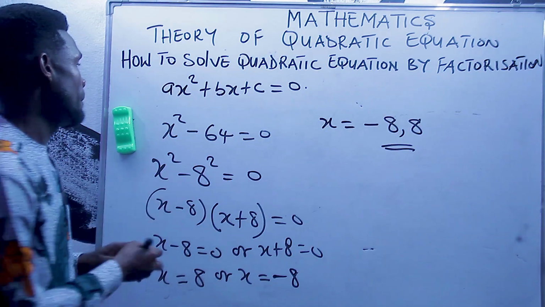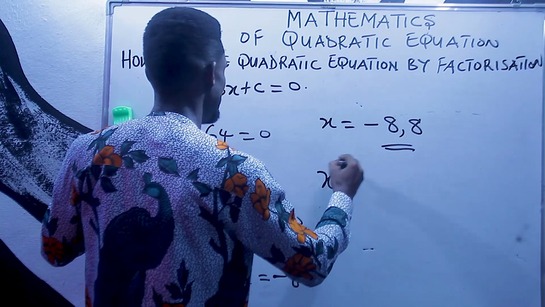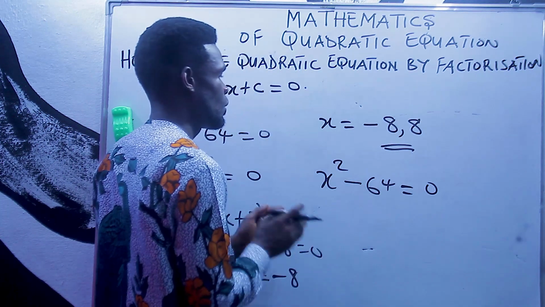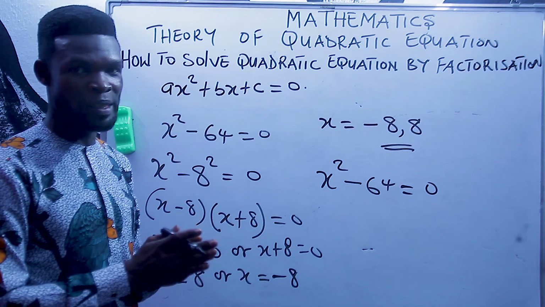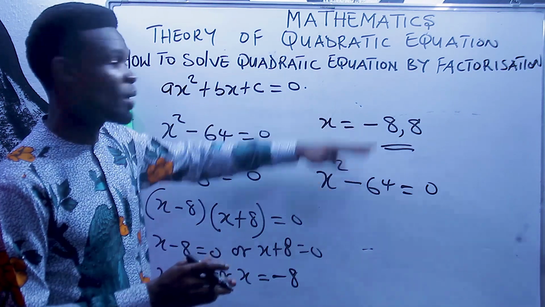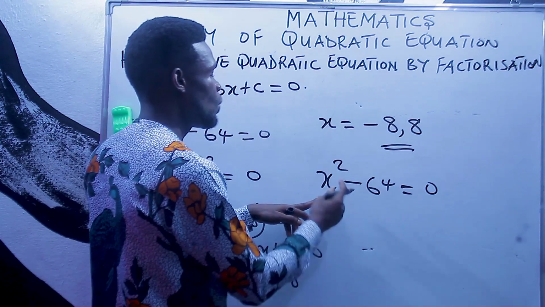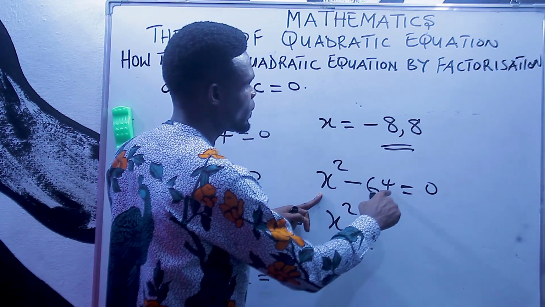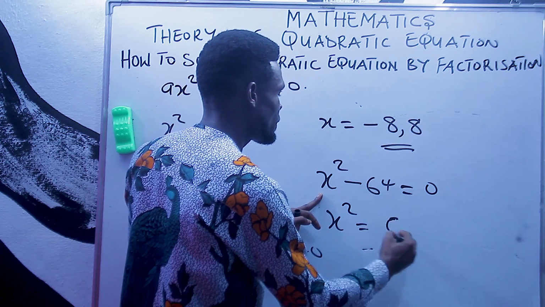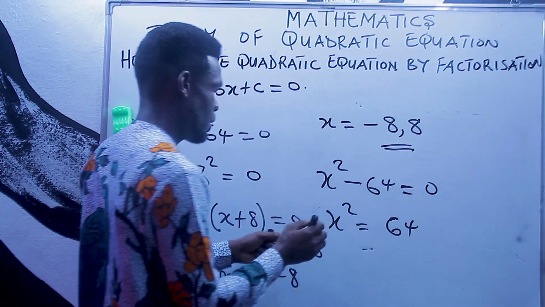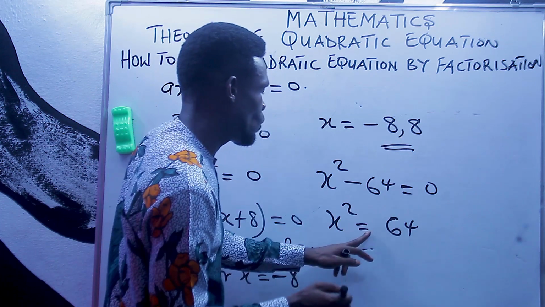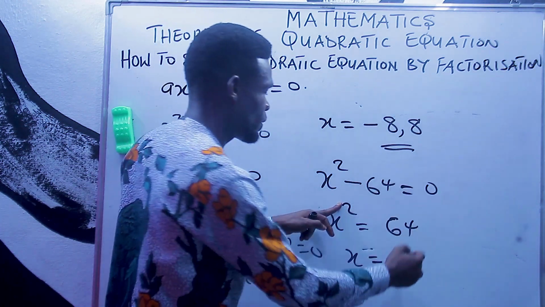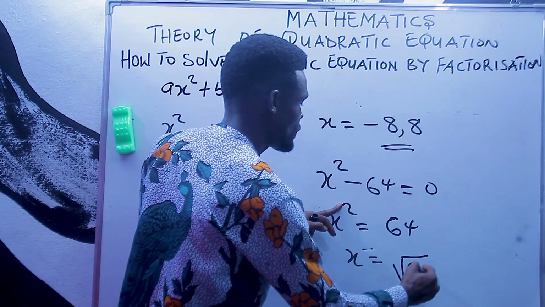But you see, if we have x squared minus 64 equals 0, another easy way to do this is that you are looking for x, so you collect like terms by saying x squared equals minus 64 will cross to become plus 64. Now this square will cross the equality sign so that x will become, remember when a square crosses equality sign, it becomes square root of 64.